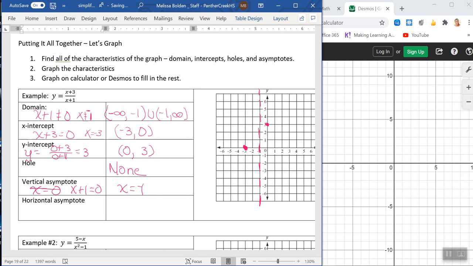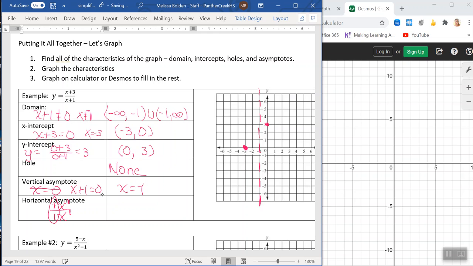Our horizontal asymptote, that's the one that's a little bit more difficult to find. It's not difficult, but you have to remember some things. So what we want to look at is the highest exponent in the numerator, which is x, and the highest exponent in the denominator, which is also x. Because they have the same degree in the top and the bottom, we're going to compare the coefficients.